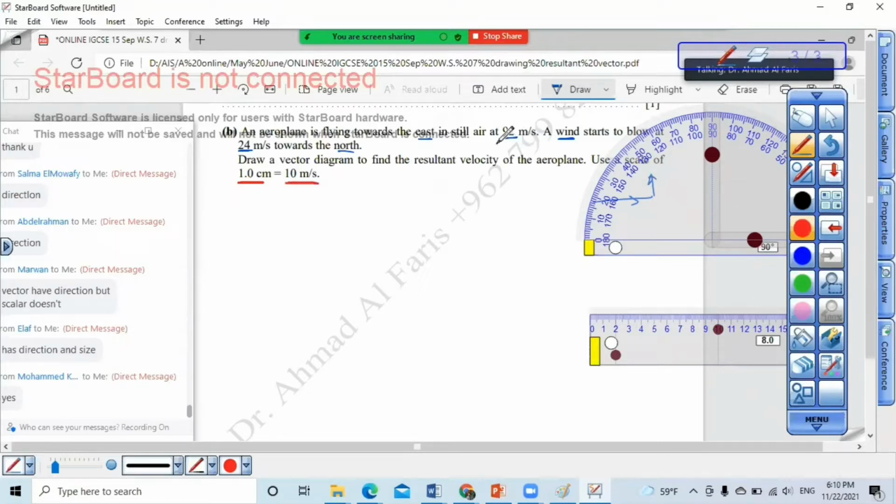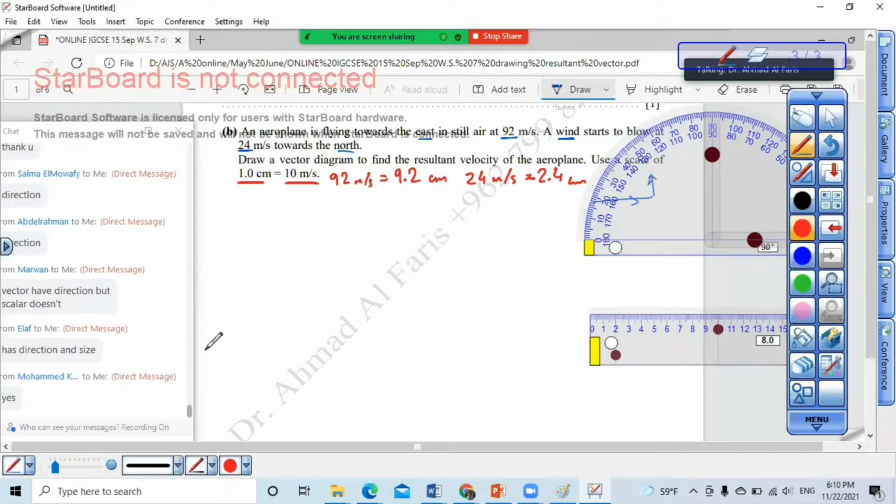That means 92 meters per second will be equal to 9.2 centimeters, and the 24 meters per second will be 2.4 centimeters. Sometimes they don't give us the scale, so we have to use our own scale.